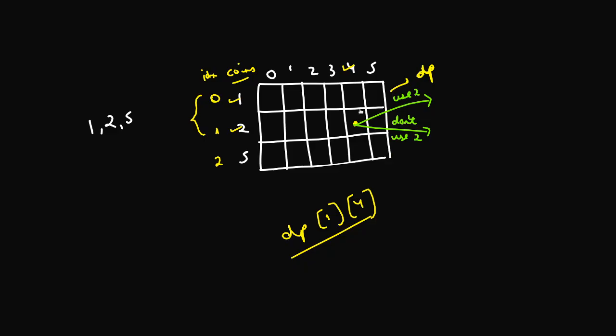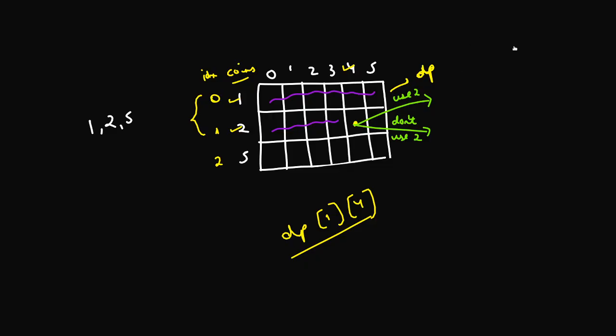Now, you can assume that whenever you are trying to fill up these values, all the values that you have here are already filled, and here are also filled. You have somehow filled all these values before calculating the value that will be here. Now, which entry among these filled values corresponds to this logic where I am trying to make an amount of 4 and I am using a 2 for that?